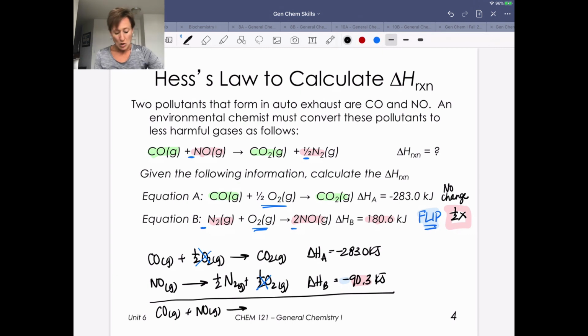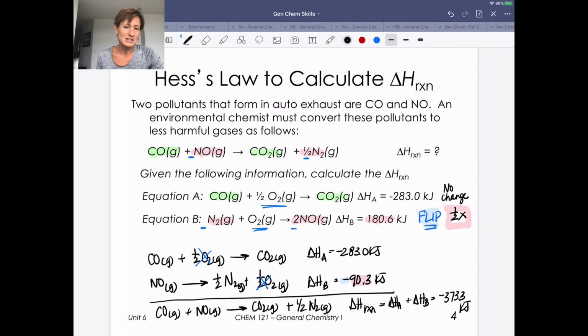And everything that's a product stays as a product. CO2 gas plus 1/2 N2 gas. The delta H for this new reaction is going to be the sum of delta H for the first reaction plus delta H for the second reaction, and then ends up being minus 373.3 kilojoules.